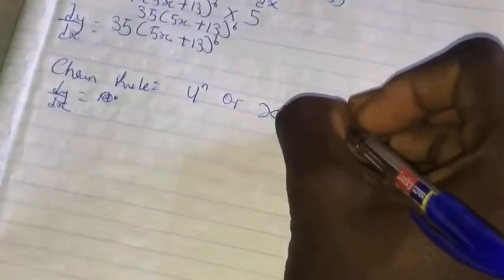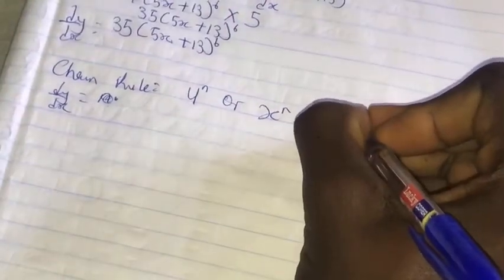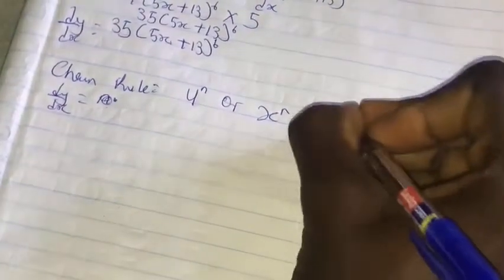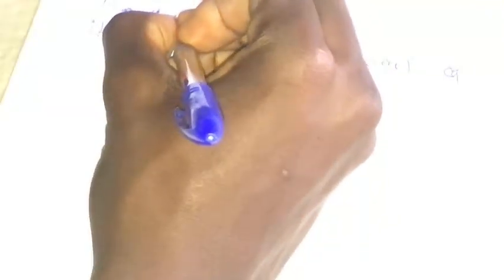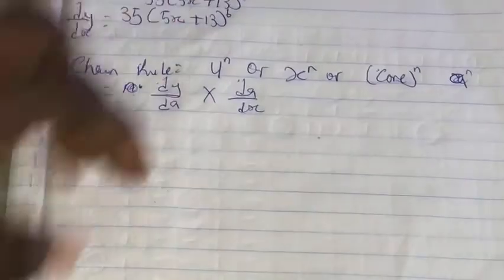Therefore, you represent this core with a letter, which is x raised to power n. Therefore, it is equals to, let us say a, dy/dA times dA/dx. Dy/dA over dA/dx.